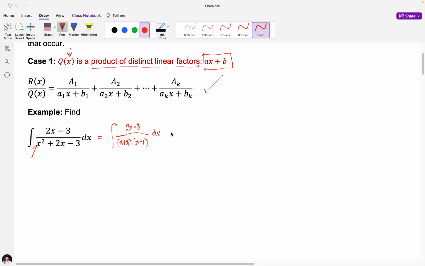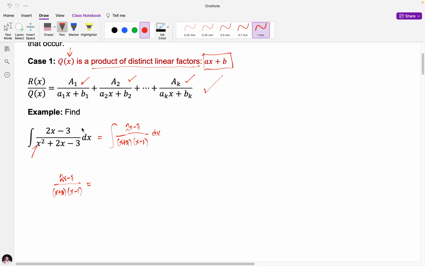Therefore, this expression, 2x minus 3 over x plus 3 times x minus 1, can be written as a sum of partial fractions. That is, A sub 1 over this one plus A sub 2 over this one, until A sub k.